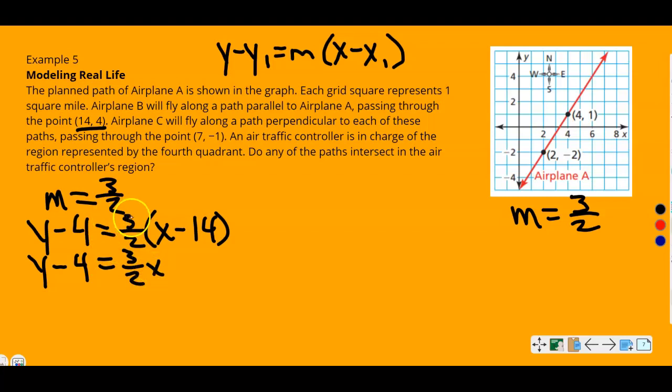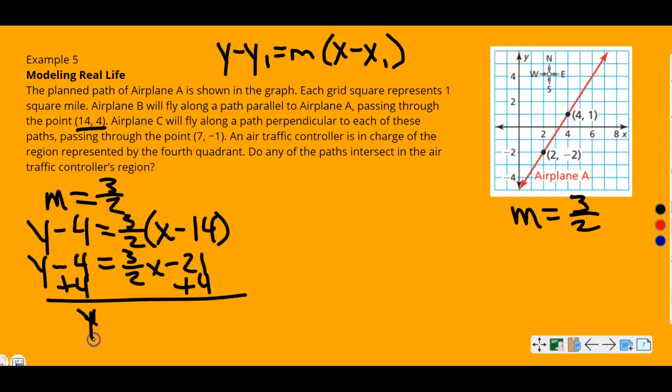Now, 3/2 times 14. 14 times 3 is 42, and then divided by 2 is 21. So 3/2 times -14 is -21. Add 4 to both sides.